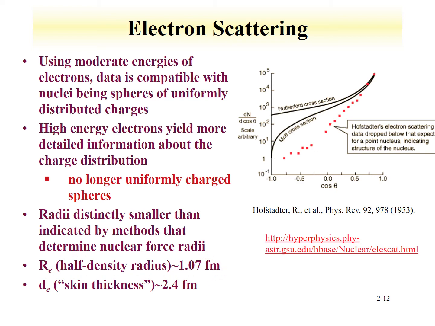So in other words, the half density is where the radius goes from full density at the core to half that core density. And then there's a skin thickness which defines the drop of density from 90% to 10%.